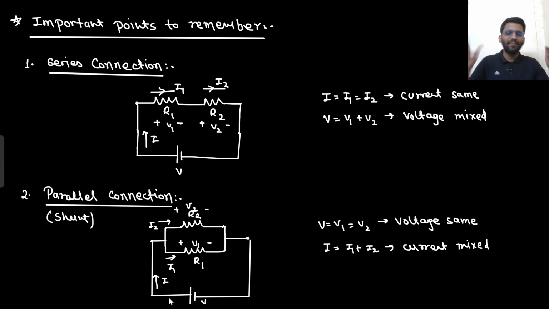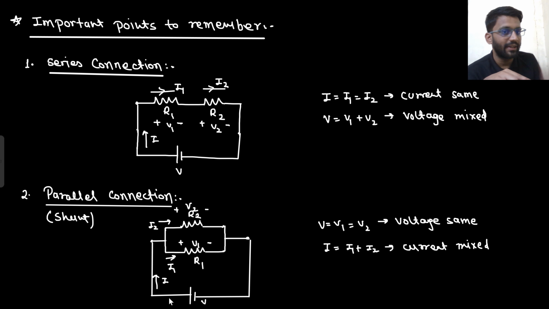Now, why am I teaching this simple thing? Are you guys able to understand? Are you guys able to connect? So that next things will be easy for you, because if I say series connection, what should come into your mind? That current is sampled, voltage is mixed. The current is sampled, because current is same here.